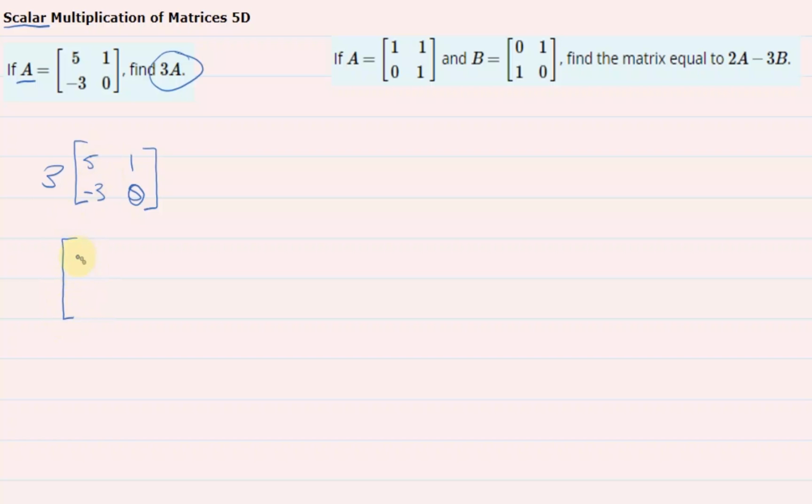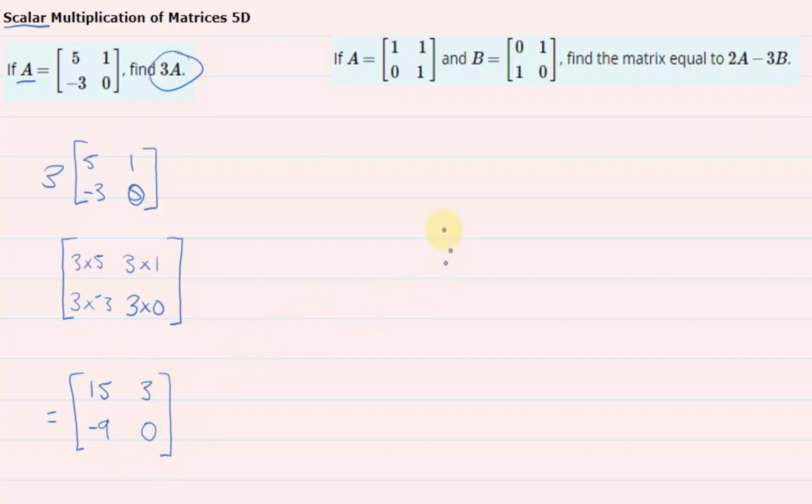To do it the long way, this will get much shorter as you do it. Hopefully we can start to see what each element becomes. So the product 3A is going to be equal to 3 by 5, which is 15, 3 by 1, which is 3, 3 times negative 3, which is negative 9, and 3 times 0, which is 0.